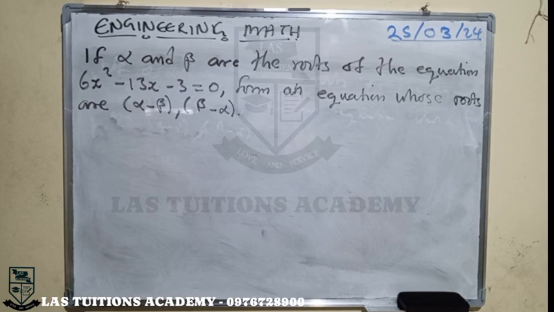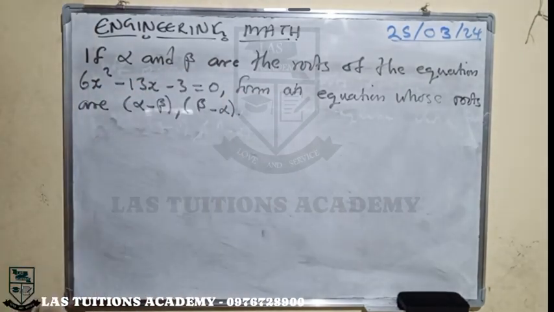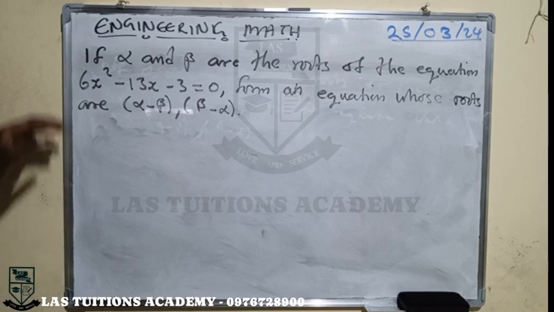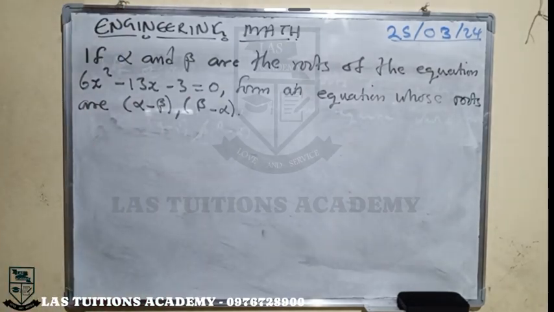If alpha and beta are the roots of this equation, meaning we don't know those roots, and then we're saying form an equation. So we're forming a new equation. By the way, there is a general formula for forming quadratic equations which we need to know.